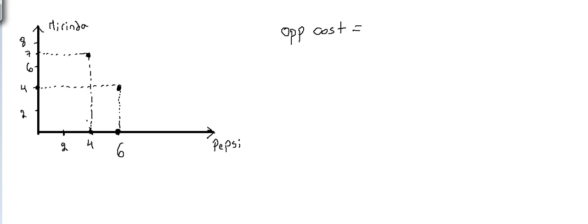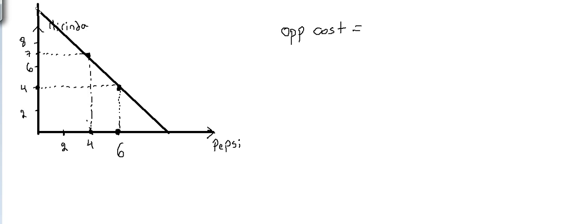If we draw a straight line through this point and this point, it will be a straight line from the y-axis to the x-axis.